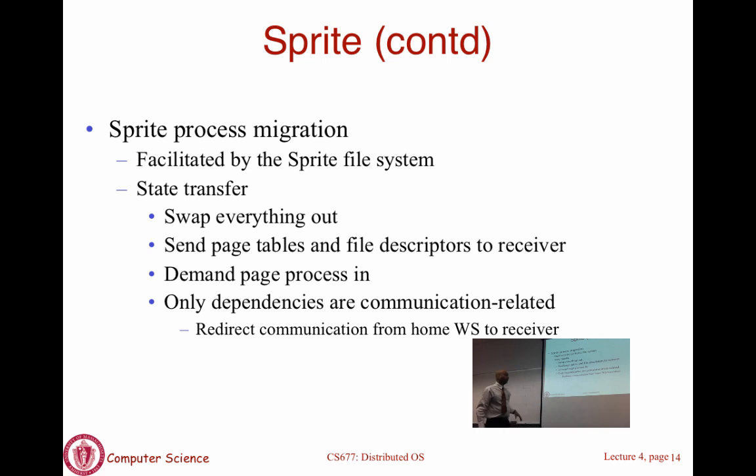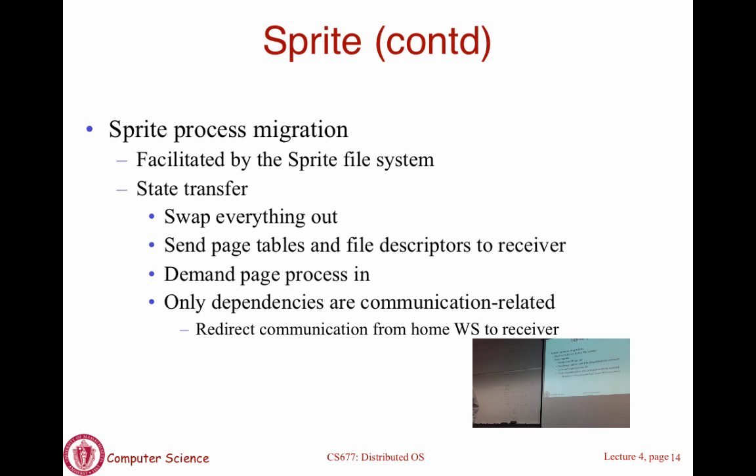And furthermore, rather than doing direct memory copy, what Sprite did was it had a file system that was shared. All the files on the disk were accessible everywhere. So rather than transferring this memory, it simply swapped all the pages to disk and then reloaded the process here.